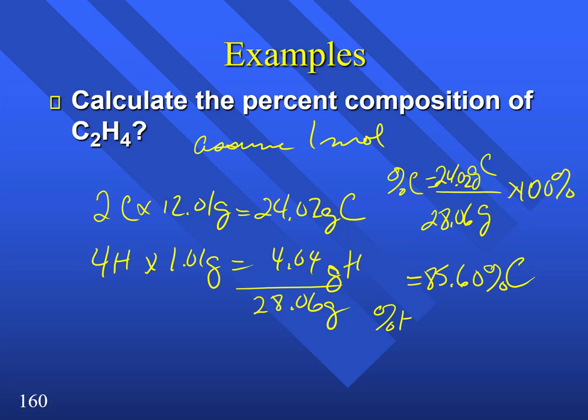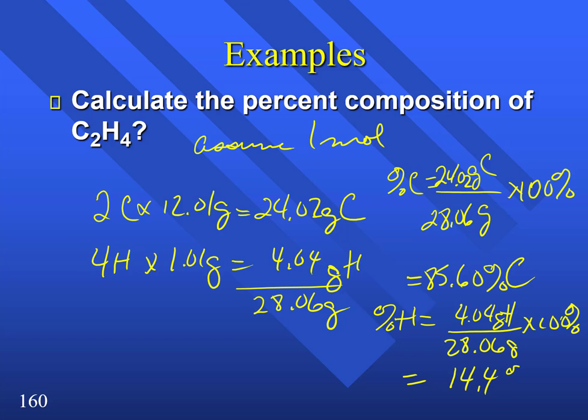And the percent that's hydrogen is 4.04 grams of hydrogen out of 28.06 grams times 100% equals 4.04 divided by 28.06 times 100, which is 14.4% hydrogen.